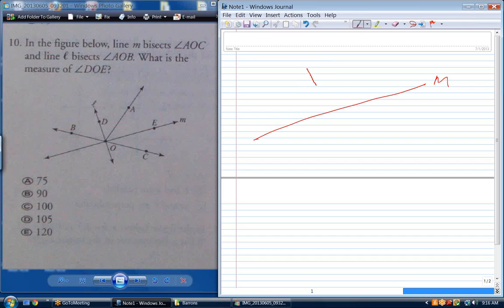Well, let's just draw L and M. What is angle 1 plus angle 2? 180. Actually, I did that wrong. Let me draw the rest of them here.